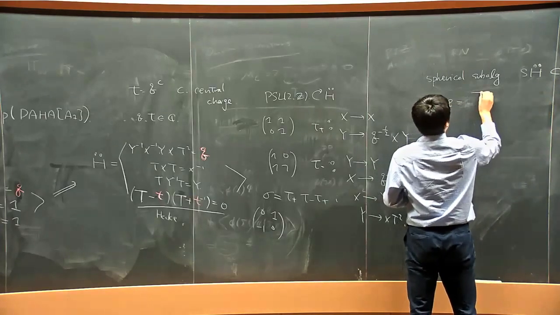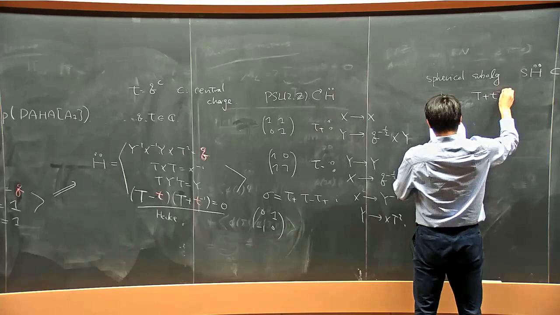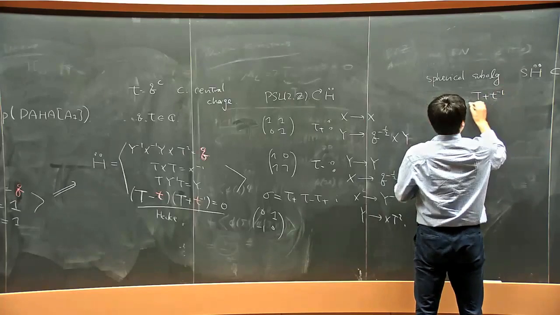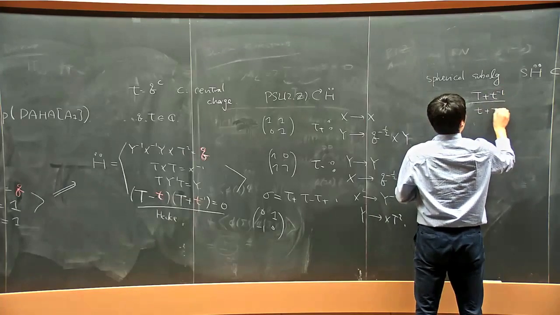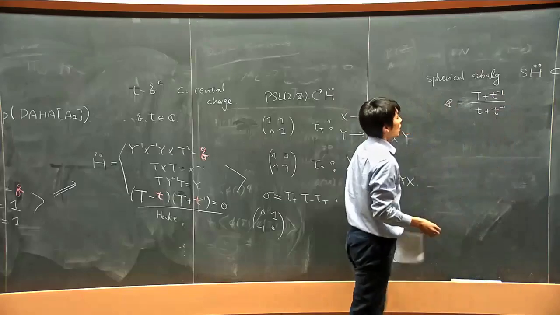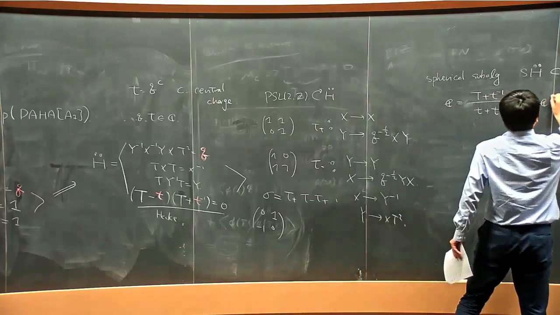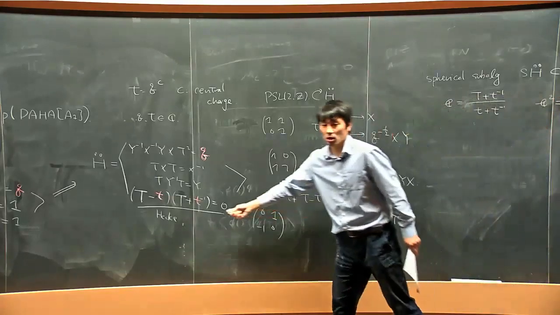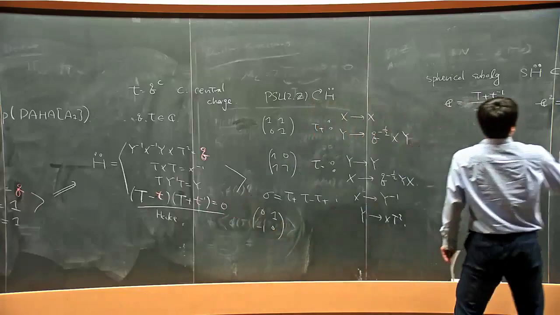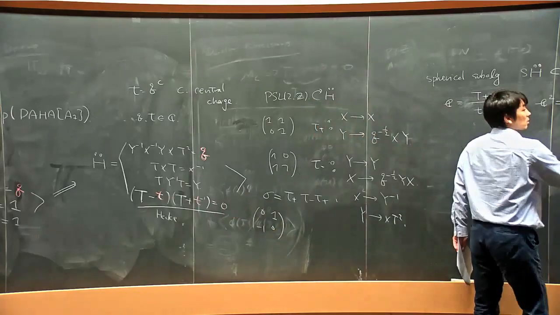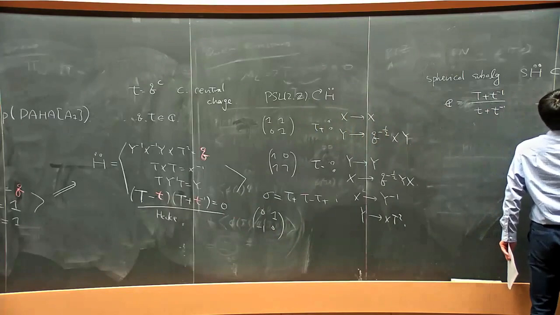And I just introduced an idempotent, which is T plus T inverse, small t plus small t inverse. If you use the Hecke relation, one can show that e squared is equal to 1. Therefore it's called idempotent.